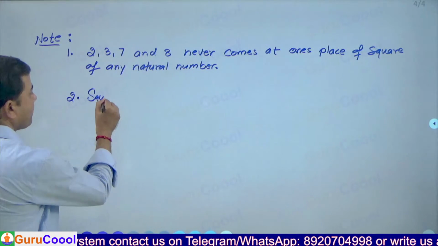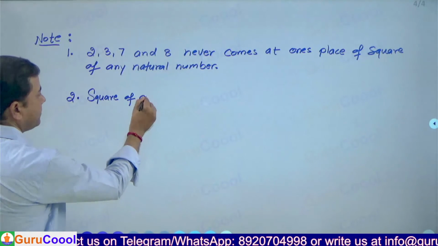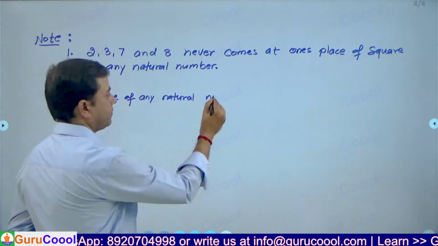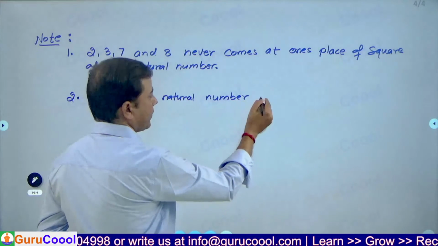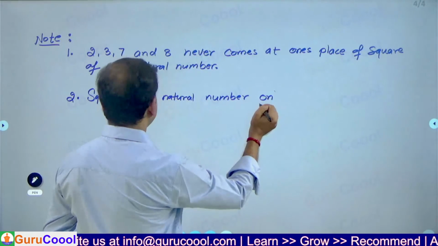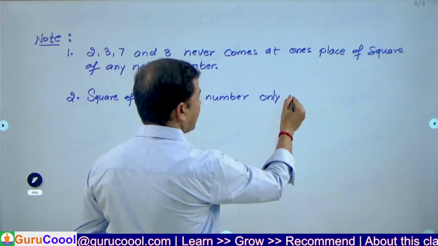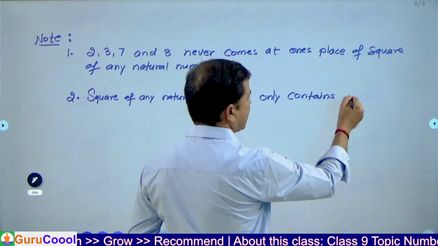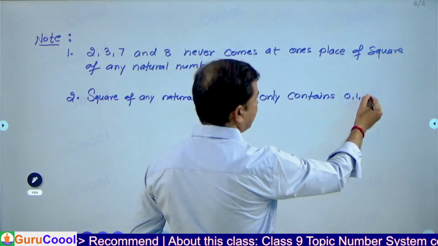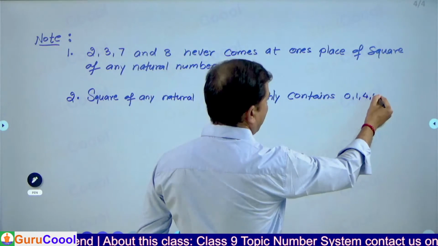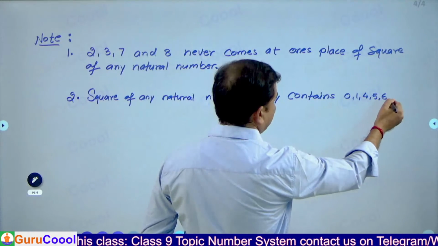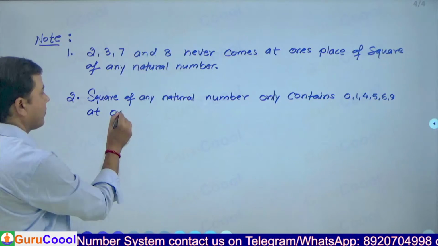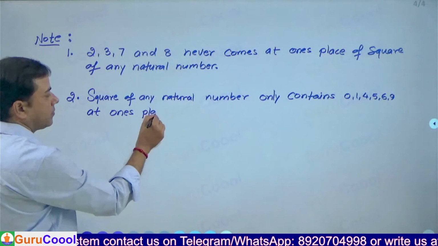The square of any natural number only contains 0, 1, 4, 5, 6, 9 at one's place. Is that clear? Yes, sir.